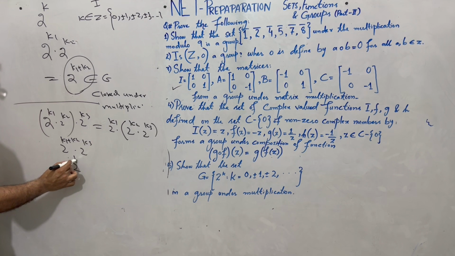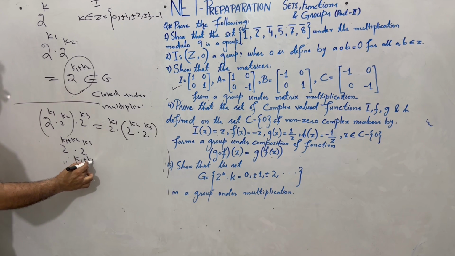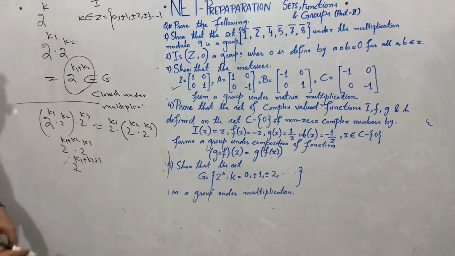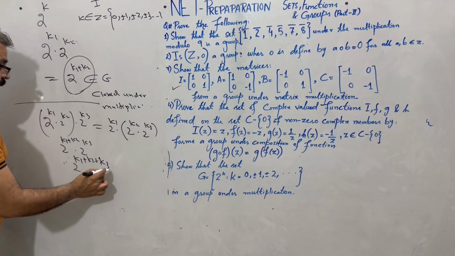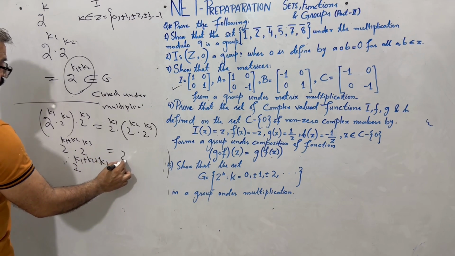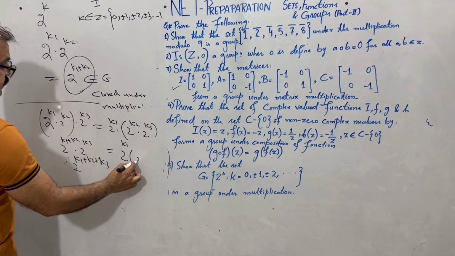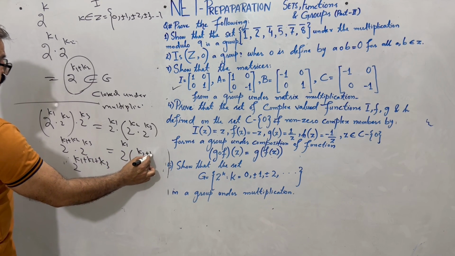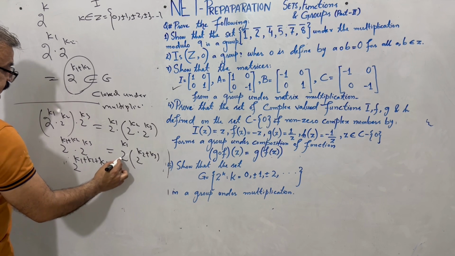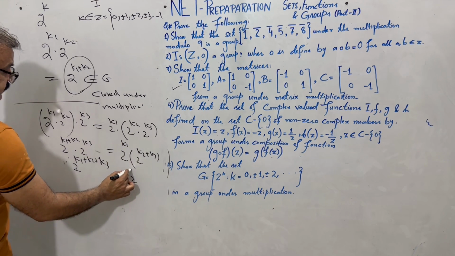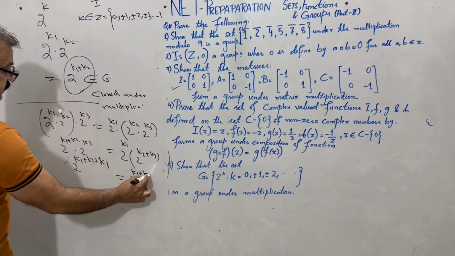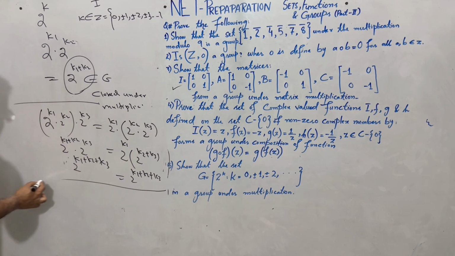It is tantamount to 2 raised k1 plus k2 plus k3. Similarly, on the right hand side, 2 raised k1 times 2 raised k2 plus k3. Again, add their powers, it will become k1 plus k2 plus k3. So the associative law has been verified.